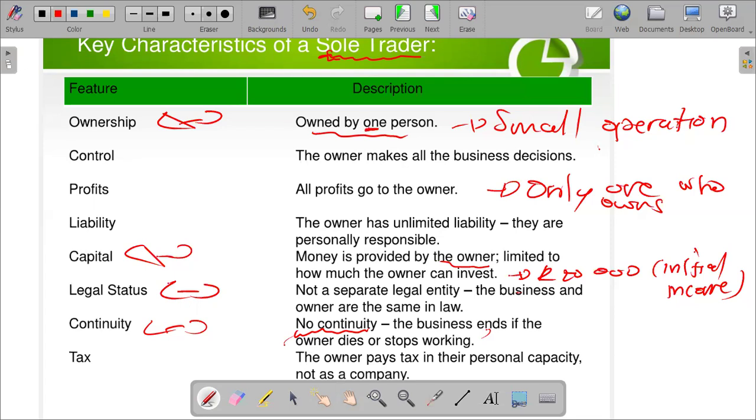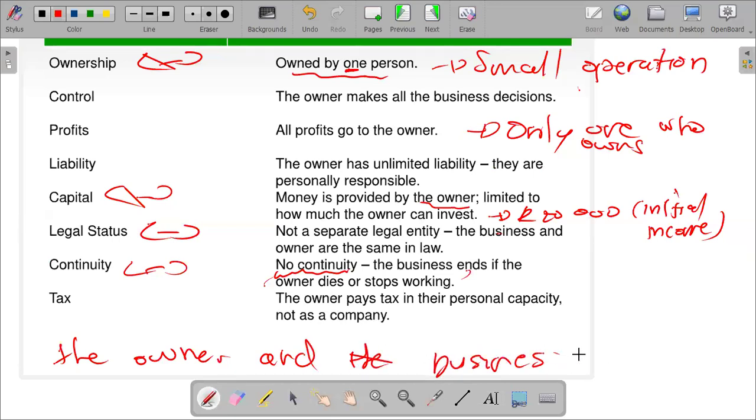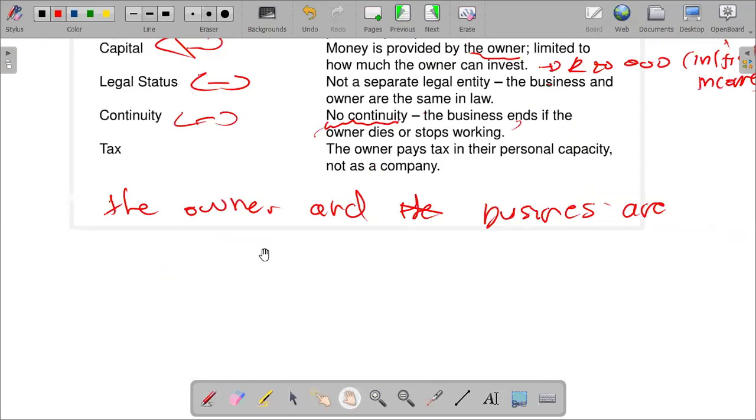And then the last characteristic, which is taxation. The owner pays tax in their personal capacity, not as a company. Why? Because the owner and the business are not separate entities. Let's just write this: the owner and the business are not separate entities.